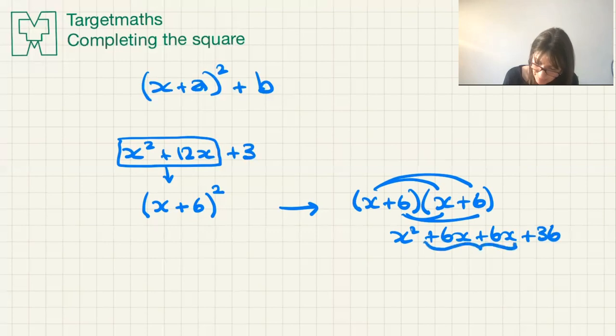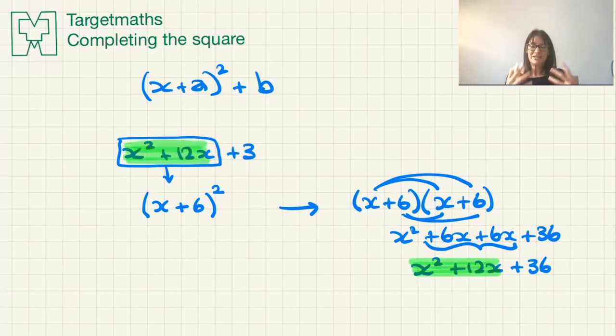Collect up my middle, and I've got x squared plus 12x plus 36. So this part of my crab's claw is perfect, matches, and therefore is equivalent to the original quadratic that I was given.